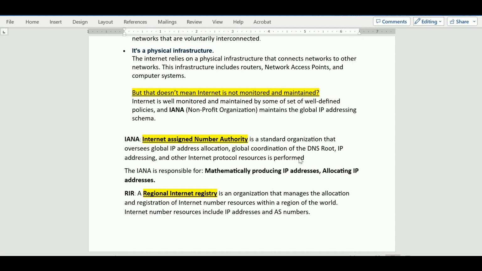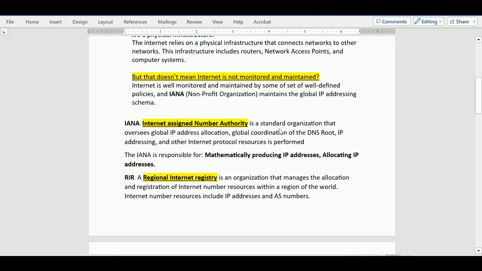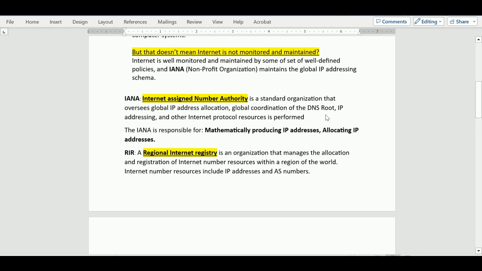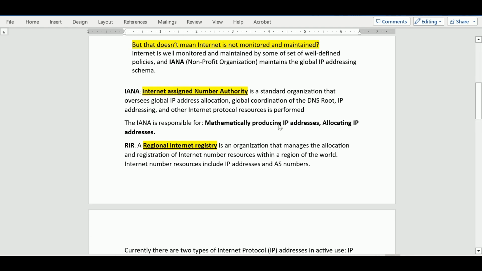It is a standard organization that oversees global IP address allocation, global coordination of DNS root servers, IP addressing, and other internet protocol resources. IANA is also responsible for mathematically producing IP addresses and also allocating them.